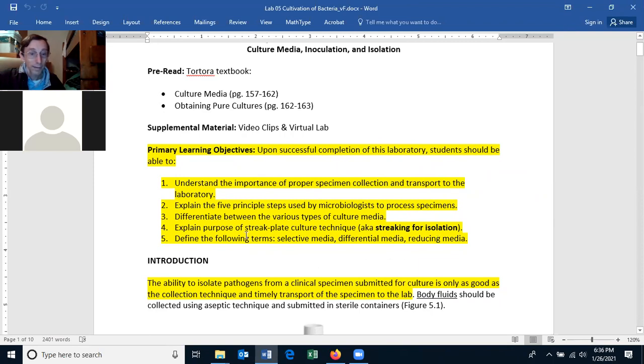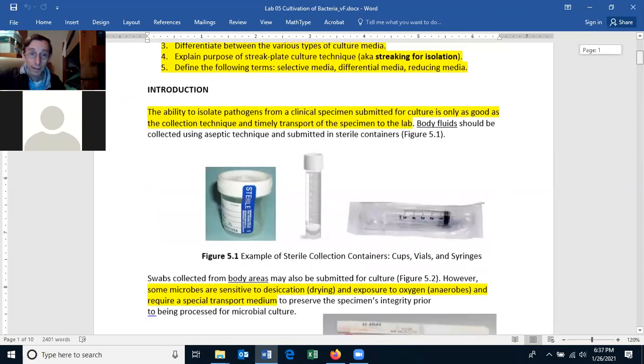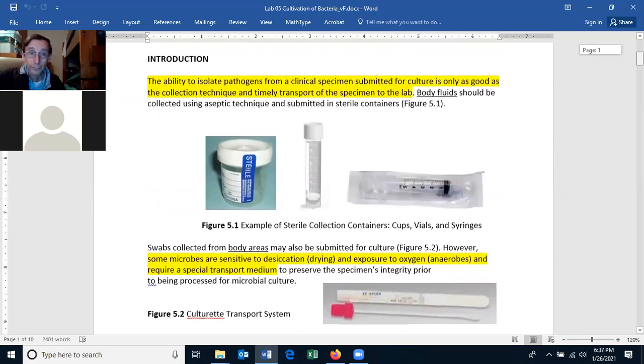What's the purpose of that? And then you should know how to do a streaking for colony isolation, even though you're not going to do it, you'll watch a video on it. And then be able to define the terms selective media, differential media, and reducing media. Any questions about any of that?